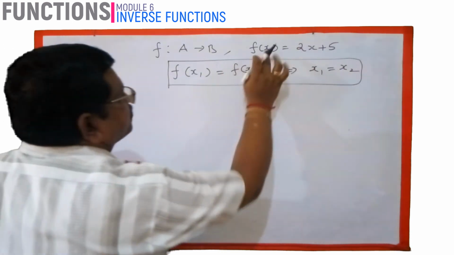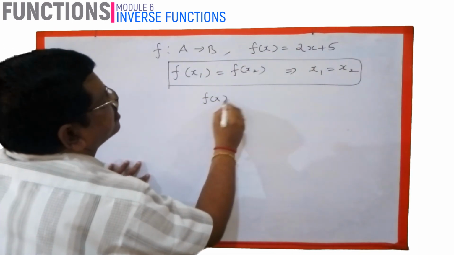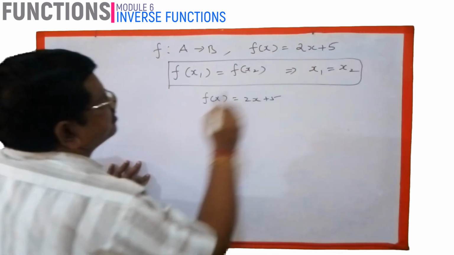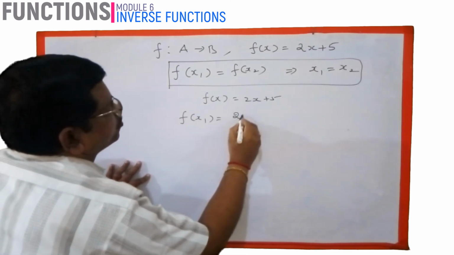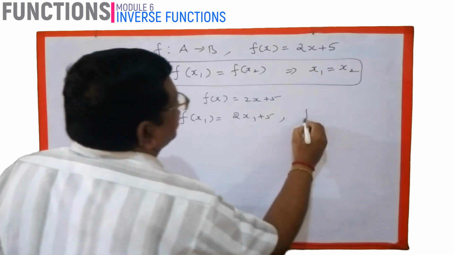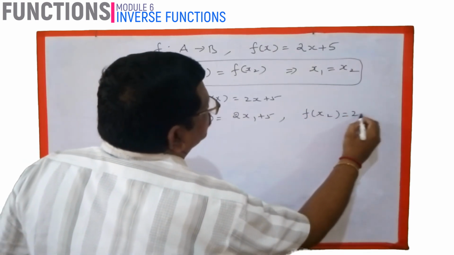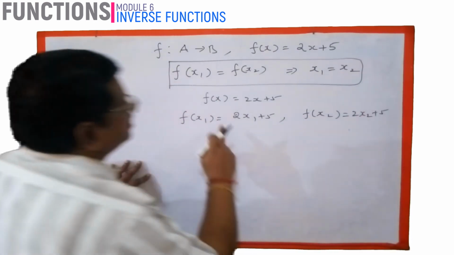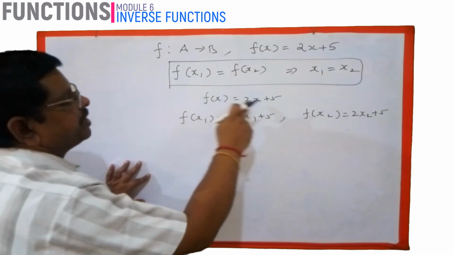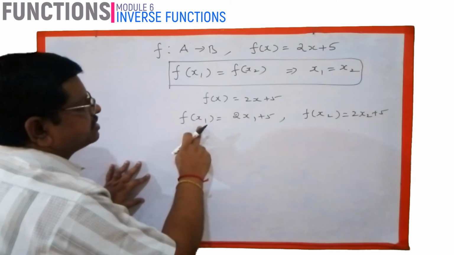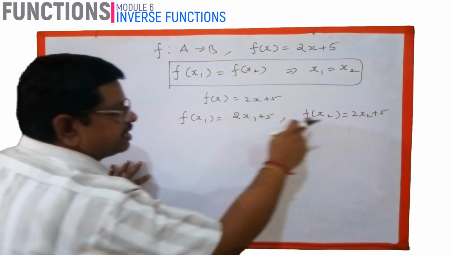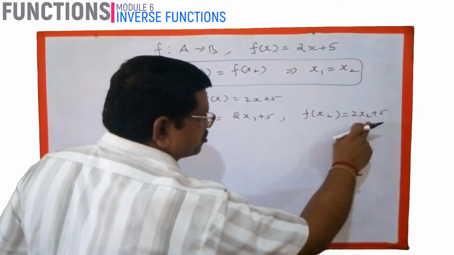Now f of x is given as 2x plus 5, so f of x1 is 2x1 plus 5. Similarly f of x2 is nothing but 2x2 plus 5. Here x is changed to x1, and here x is changed to x2.